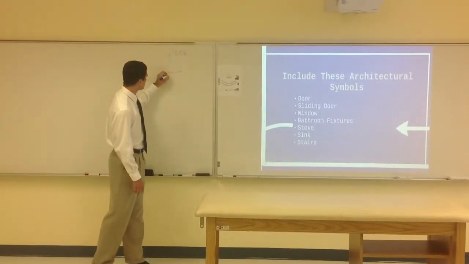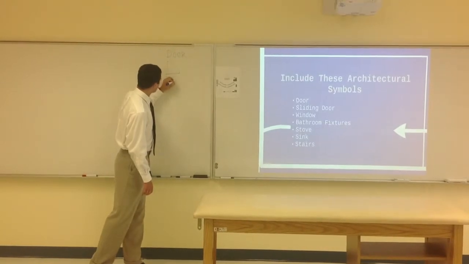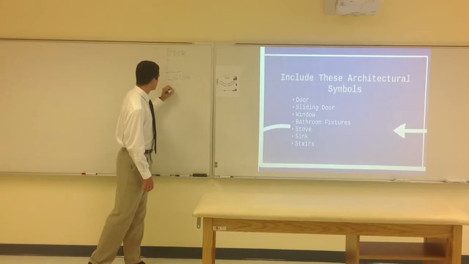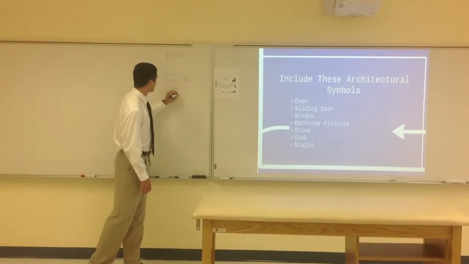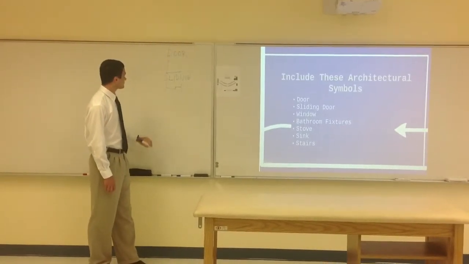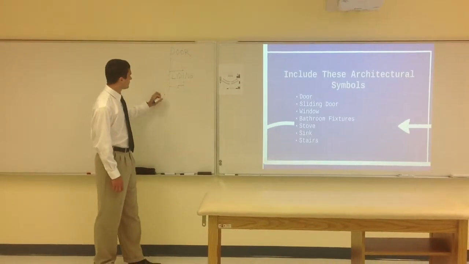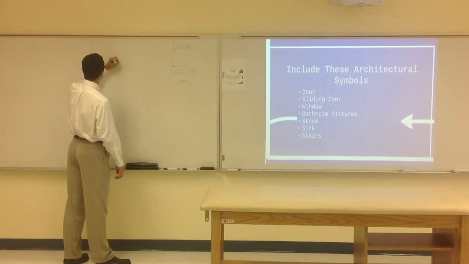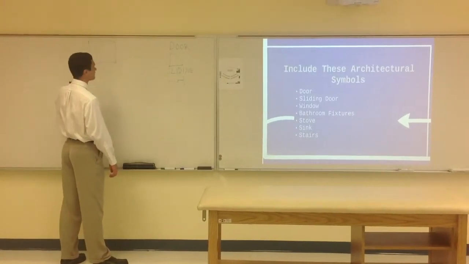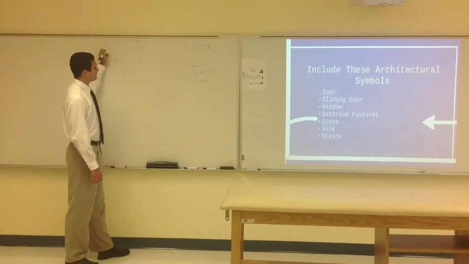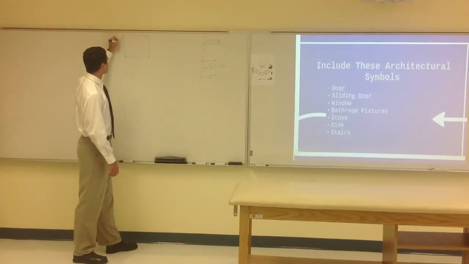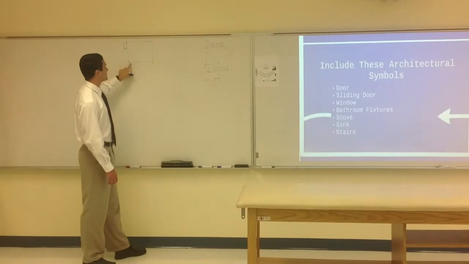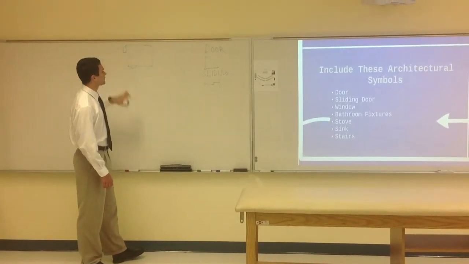For the sliding door, it will look like that. The window, if this was your layout right here, a square window would look just like this. A round window would look just like that. It'd be a curve, and the square window would be a square.